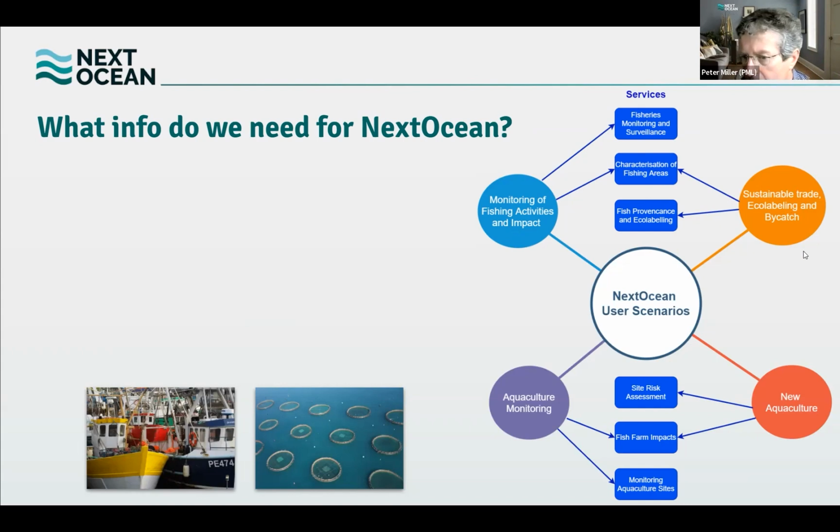That could be in terms of the provenance of where the fish are caught. Is that in the right areas? Is that with the right fishing gear? And labeling that for consumer interest. So there are all kinds of products and services that could be designed within the scope of our project.